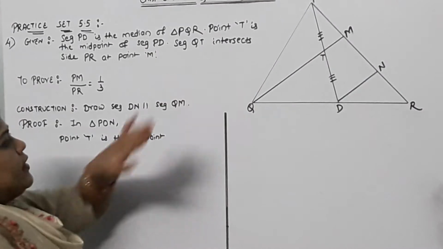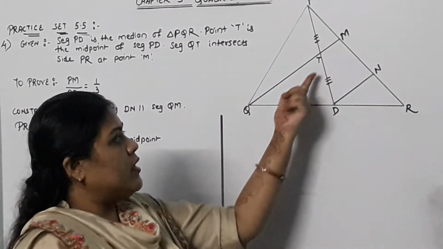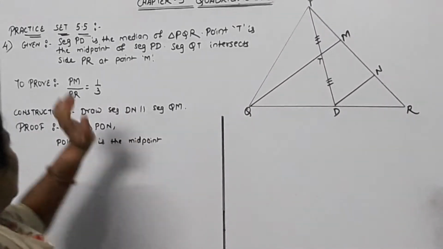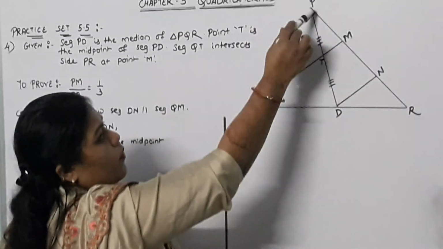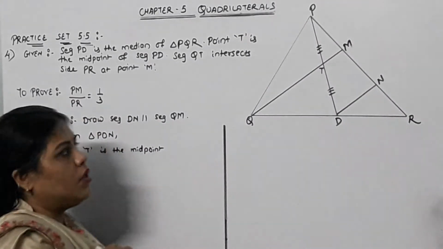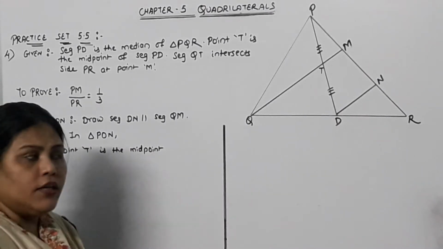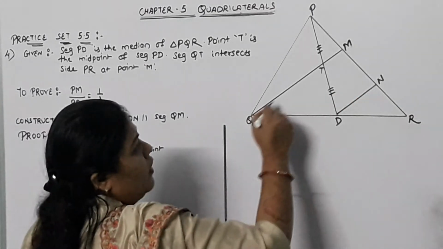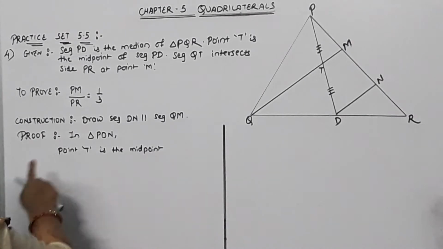So QT, when extended, intersects PR at point M. And what we have to prove is PM upon PR is equal to 1 upon 3 or 1:3. For that, the construction is given in the hint, that is DN parallel QM. So let's start with the answer.